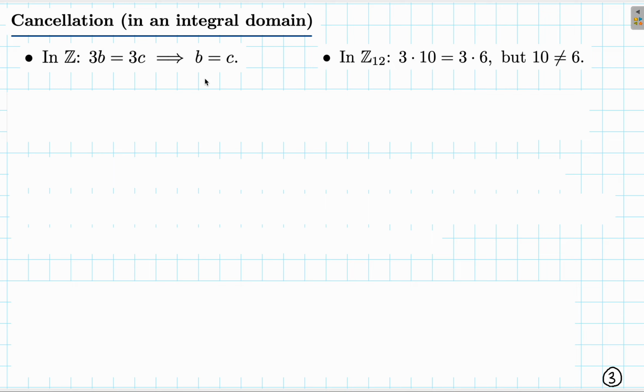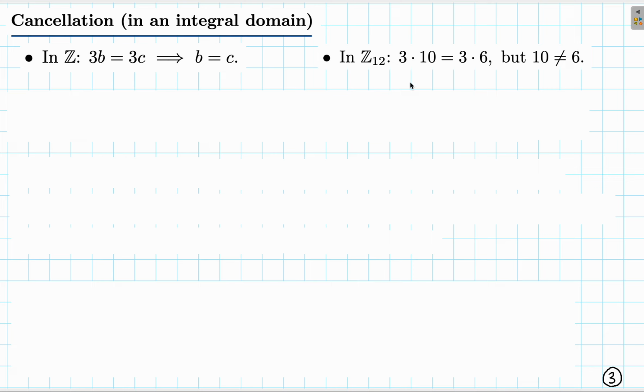Now you might say, well, why not just divide both sides by 3? Well, recall that division is not a valid operation in a ring, and we can't even multiply both sides by 1/3 because 1/3 is not an integer. So there is something to prove here using the fact that Z is an integral domain.